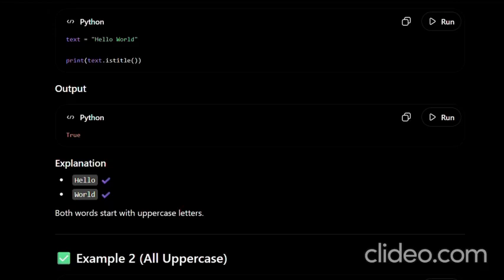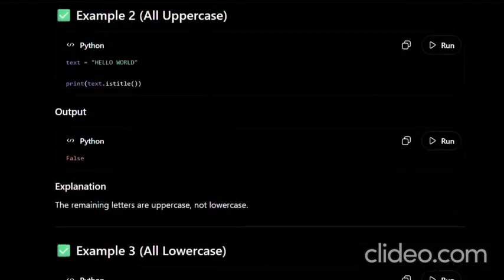If we try print text dot istitle, it will check that in hello, H must be capital and the remaining must be small. The first word's H is uppercase, so that part is true, but the remaining letters must be lowercase and they are in uppercase. That's why it will return false.